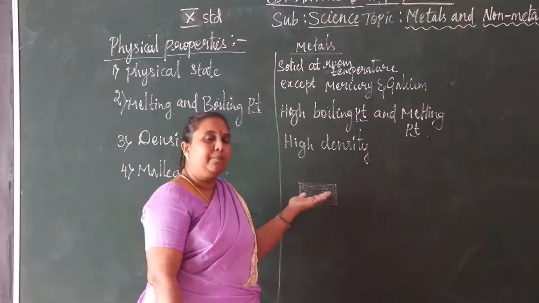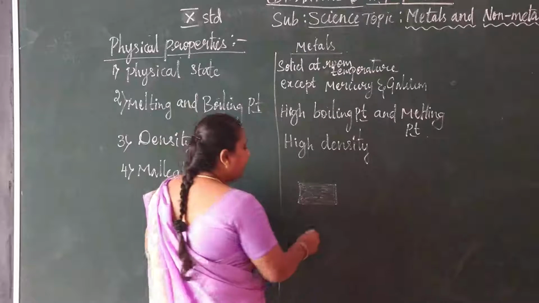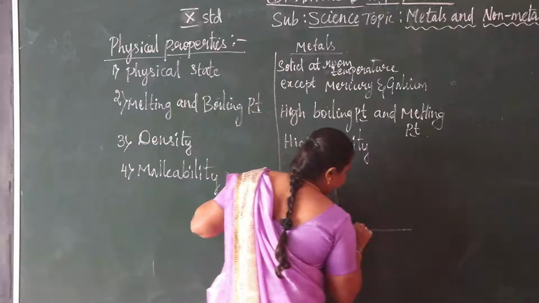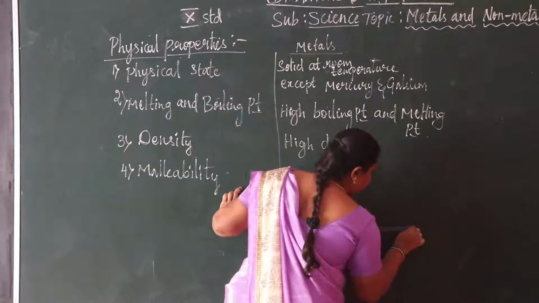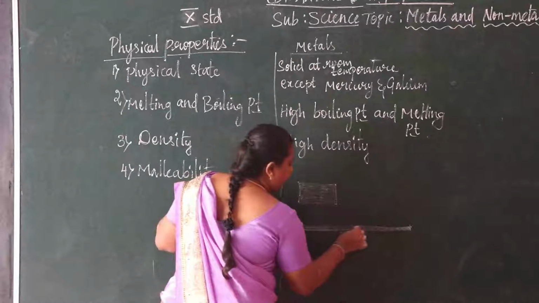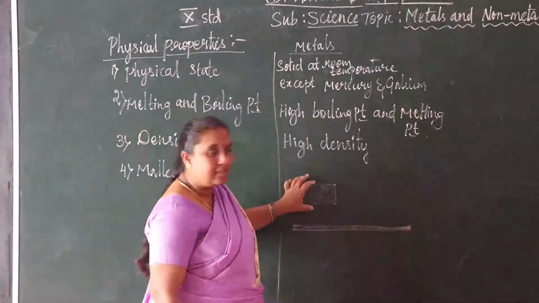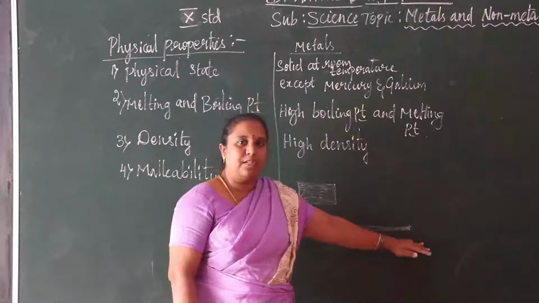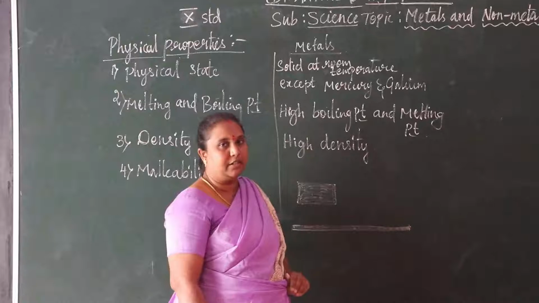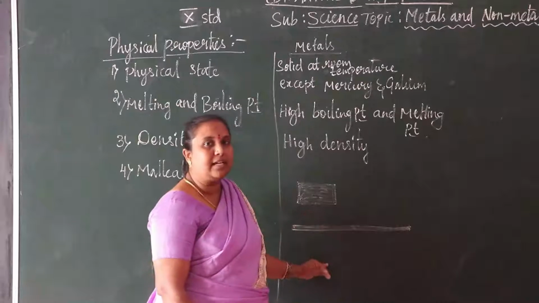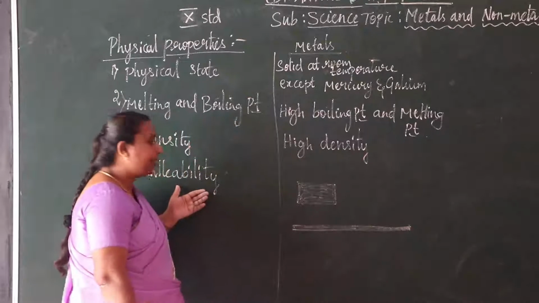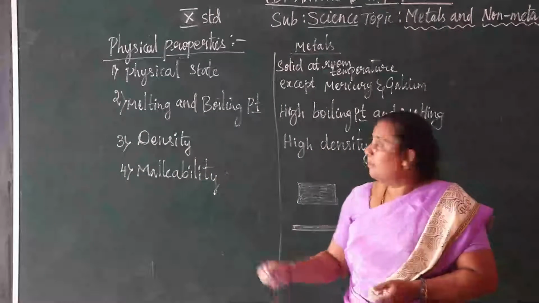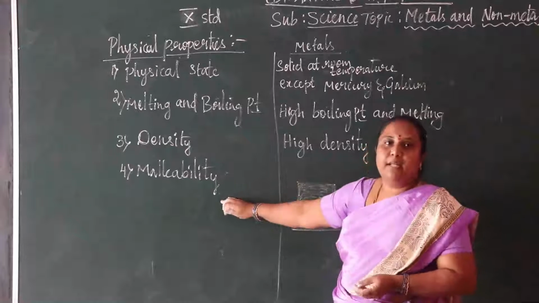This metal can be made into a thin sheet like this. We can beat it into a thin sheet. This property is the malleability property.